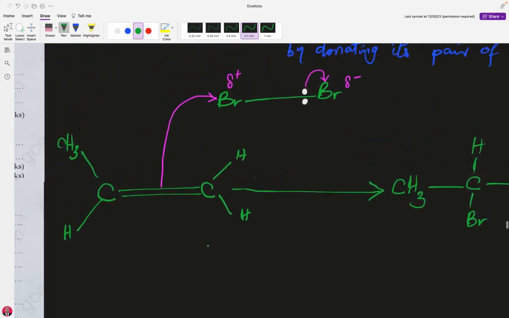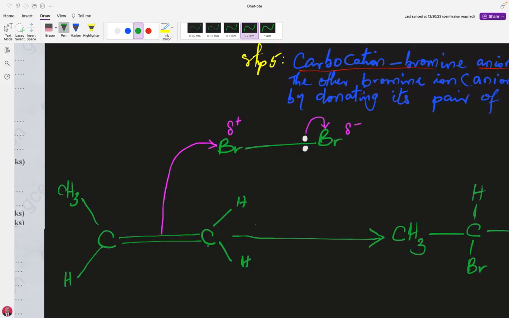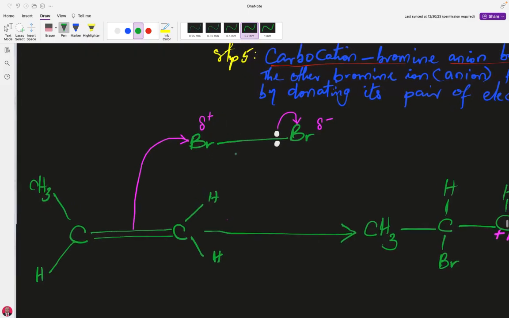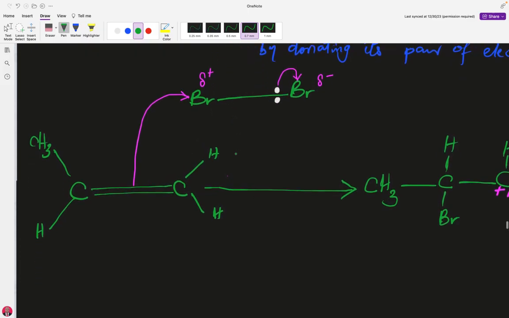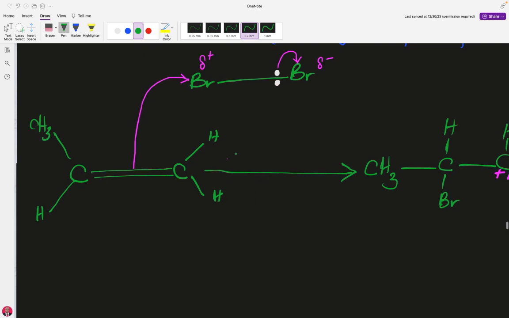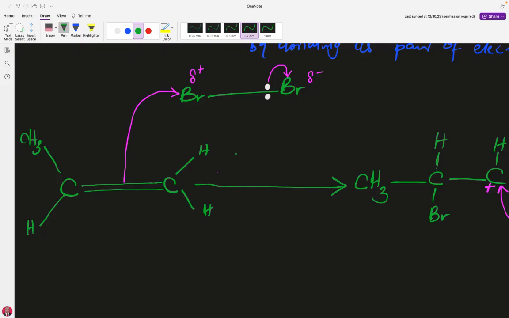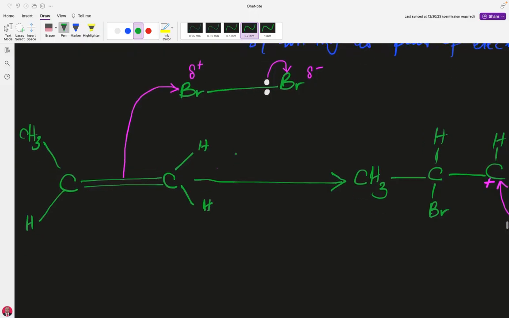It is the mechanism for the reaction of this compound E with bromine. See, this is the mechanism. This is bromine. I want to explain the mechanism to you now, please. There were 5 steps. I want to show you how it reacts, even though we are not asked, for the purpose of revision.